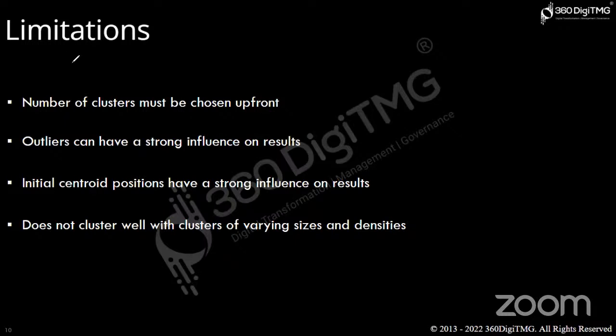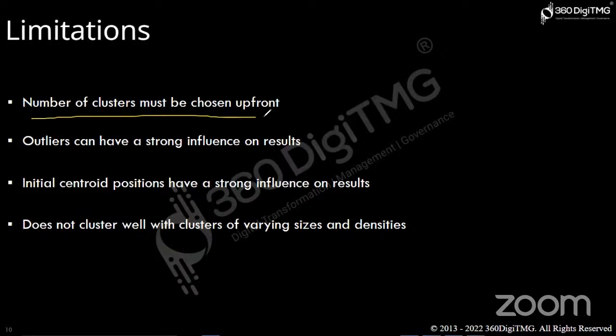So what are the limitations here? When it comes to k-means clustering, what are the different limitations we have? The number of clusters must be chosen upfront. We don't know how many clusters there are, so we have to choose the number upfront. Outliers can have a strong influence on results. If there are any outliers, they may strongly influence my k-means clustering.